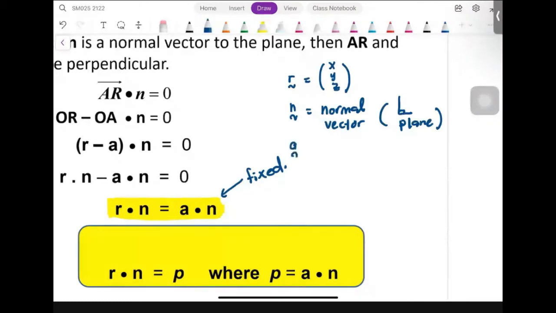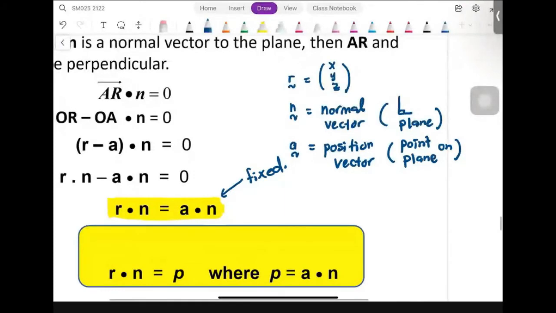Alright, and then last one we have vector A. Vector A is position vector. What is position vector? Position vector mesti point. So you can detect that based on the situation given point on the plane. Okay, so that's three main elements from our formula r dot n equal to a dot n.